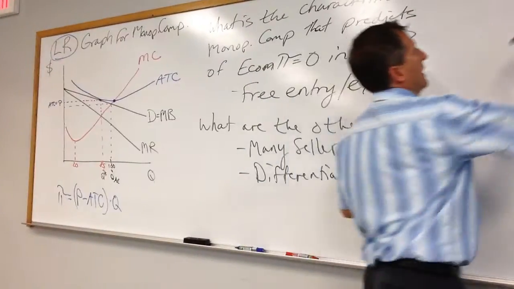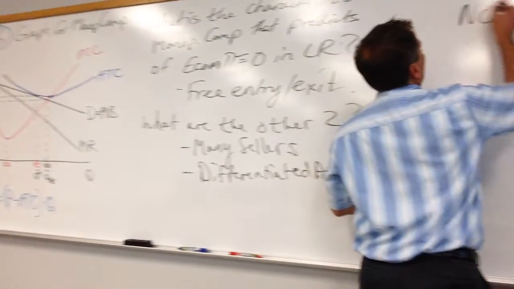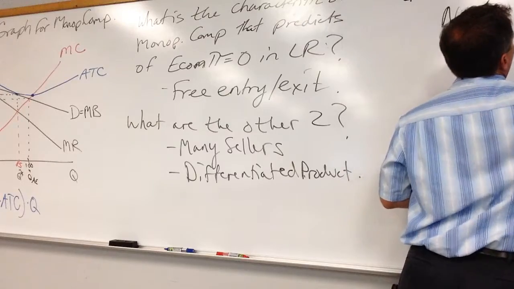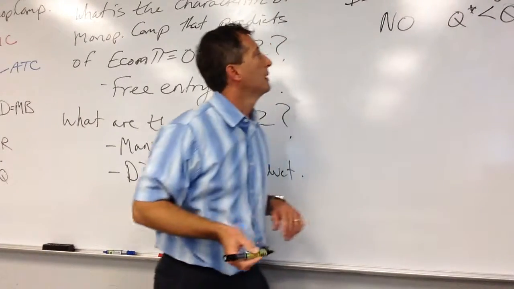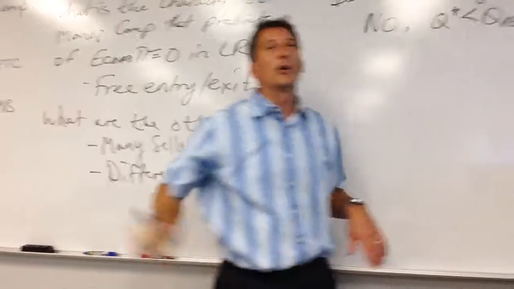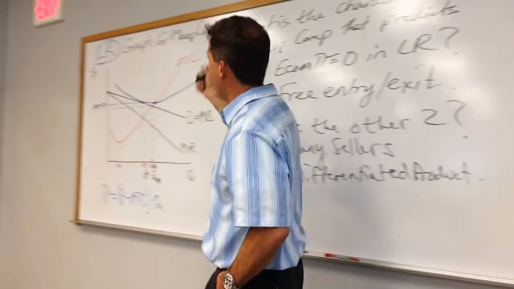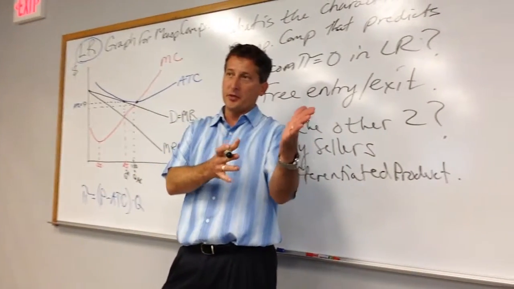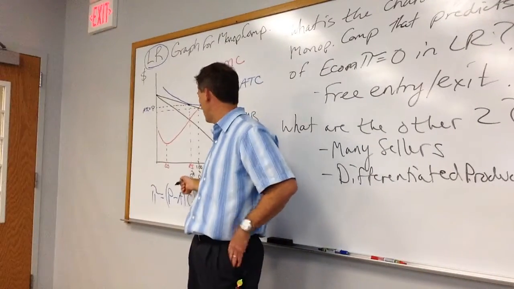So is that allocatively efficient? No. Q star is less than what is allocatively efficient. So firms in a monopolistically competitive environment are underproducing relative to the optimal quantity.